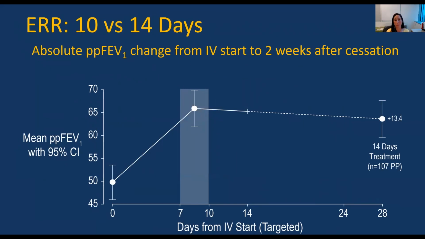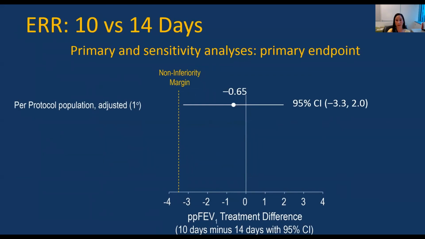So here's the primary endpoint, absolute percent predicted FEV1 change from IV start to 2 weeks after cessation of IV antibiotics. And you can see that the 14-day arm had a 13.4% predicted FEV1 increase. The 10-day group had a 12.8% predicted FEV1 increase. This translates to a treatment difference of minus 0.65, where the 10-day arm was minus 0.65% predicted FEV1, less than 14 days.